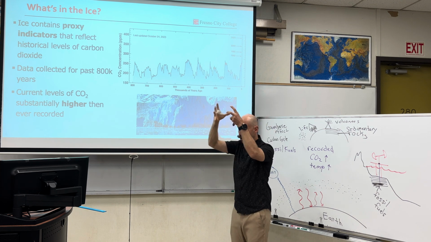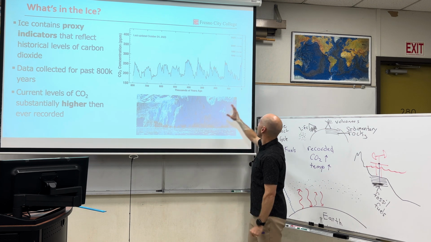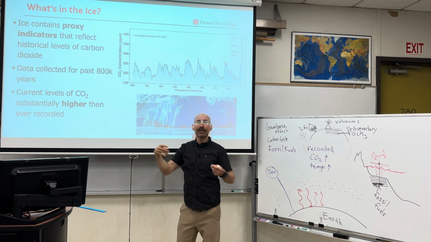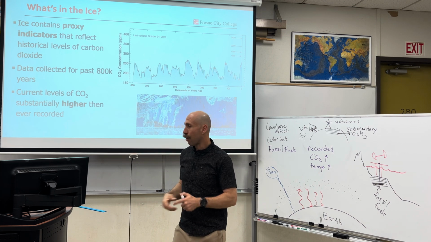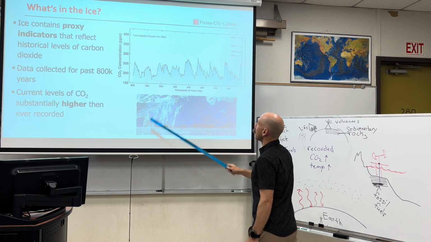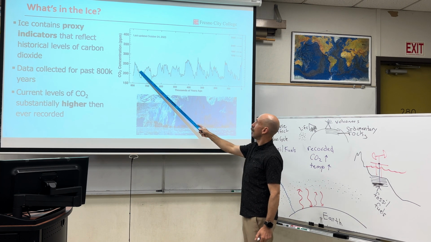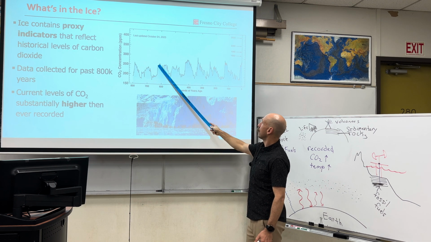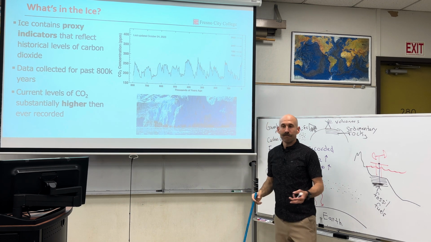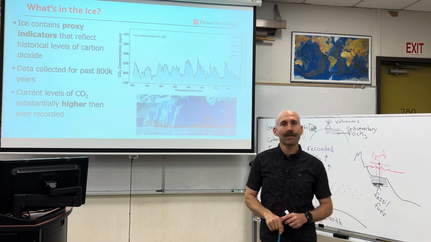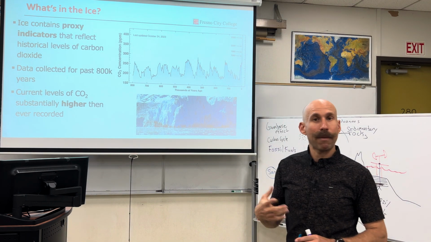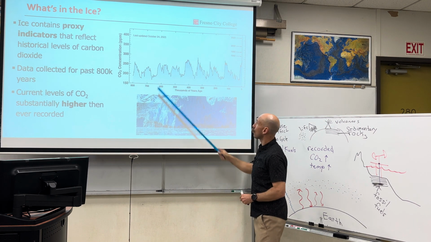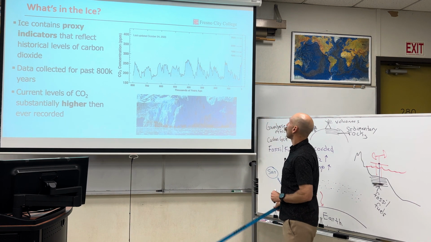Drilling cores down into the ice, we can reconstruct the amount of atmospheric carbon dioxide over the last 800,000 years. And what we see is natural variability. Carbon increases, decreases, increases, decreases, and so on. Complex systems are variable. They usually happen in patterns and trends, and we see patterns and trends in global CO2 atmospheric concentration.